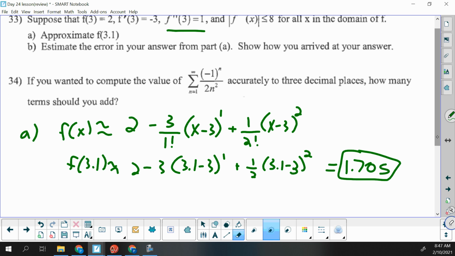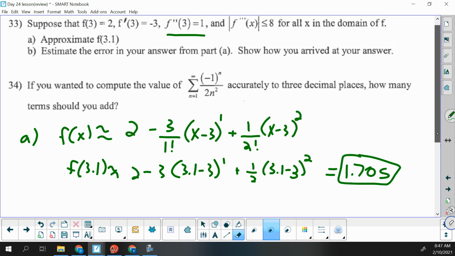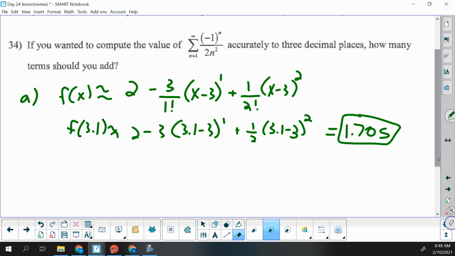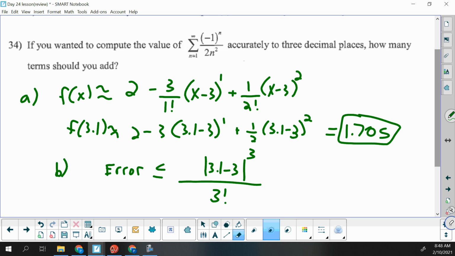Well, we want to know how close is that? This is where the fact that our third derivative is less than or equal to 8 comes into play. We're going to do our Lagrange error bound. We know that our error is less than or equal to the maximum value, the upper bound of our next derivative, times the absolute value of the value we're checking at minus our center, raised to our next power, over our next factorial.